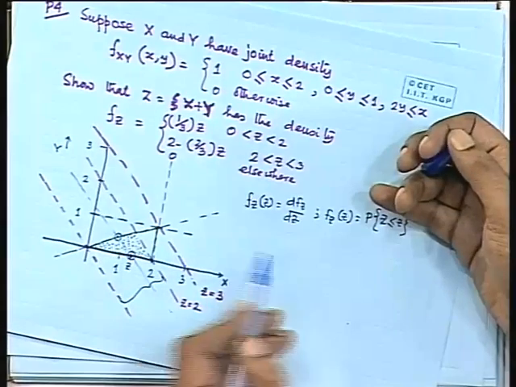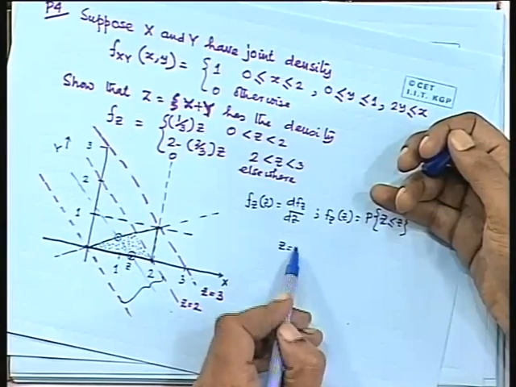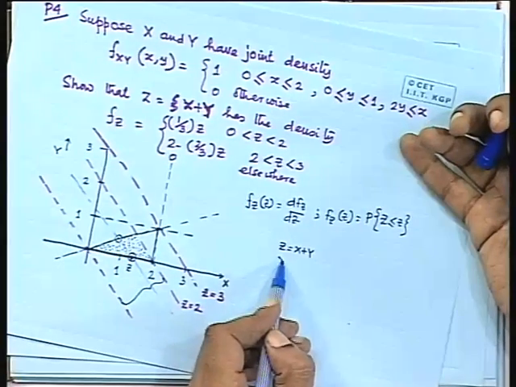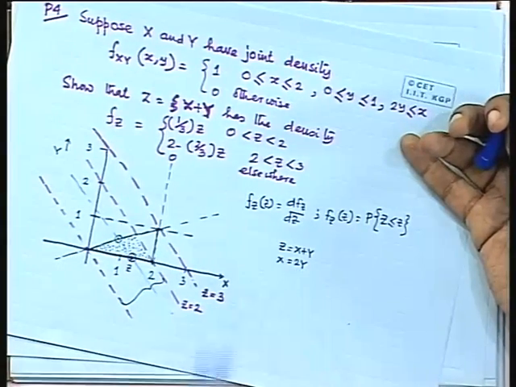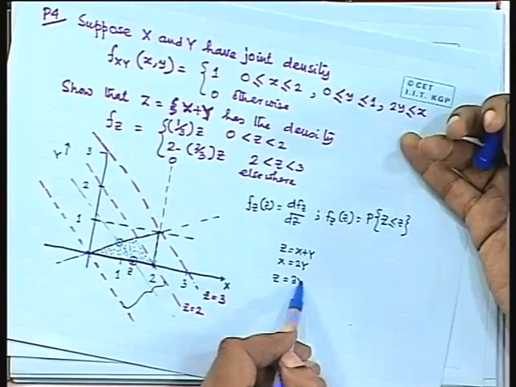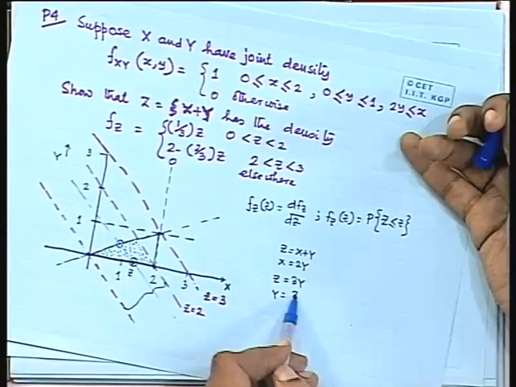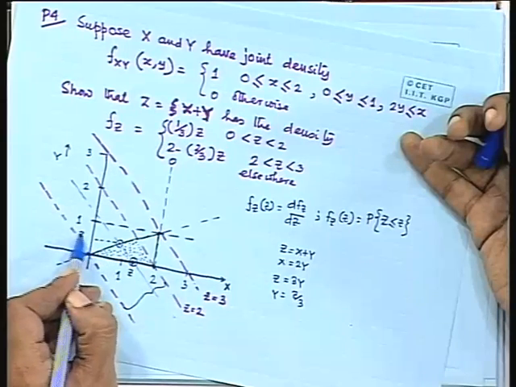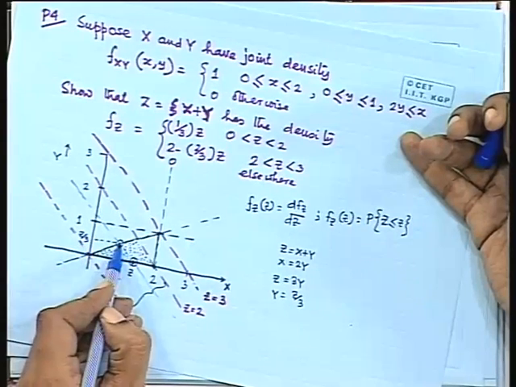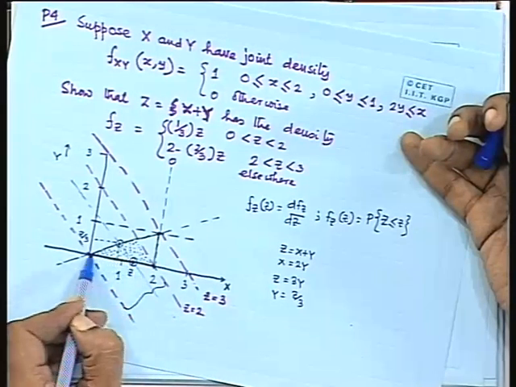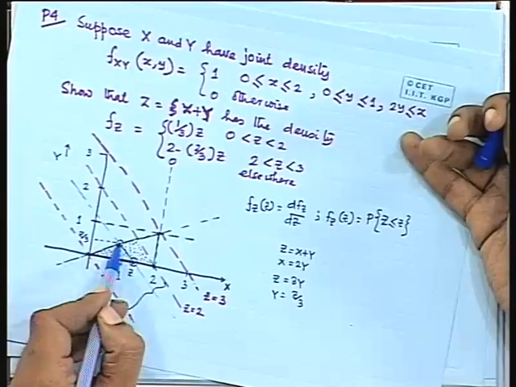This point is z by 3. How z by 3? It is on the intersection, z is equal to x plus y, and x is equal to twice y. So z is equal to 3y. So y is equal to z by 3. So this is z by 3, right. So then what is the area of this triangle?